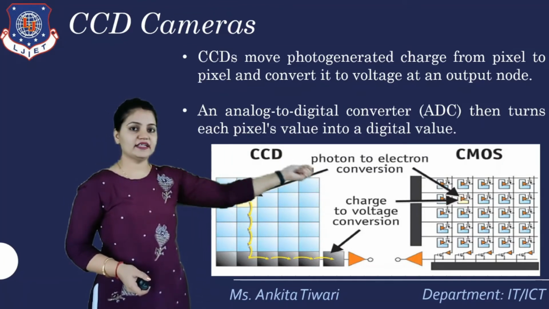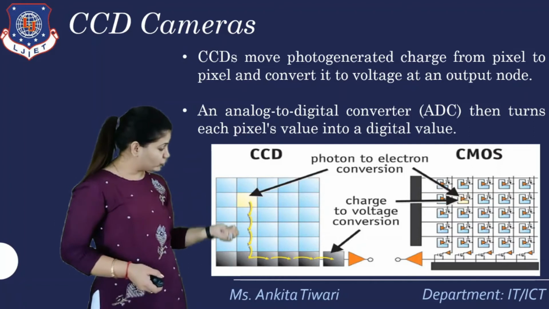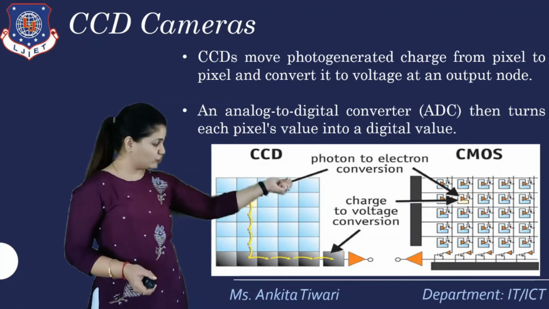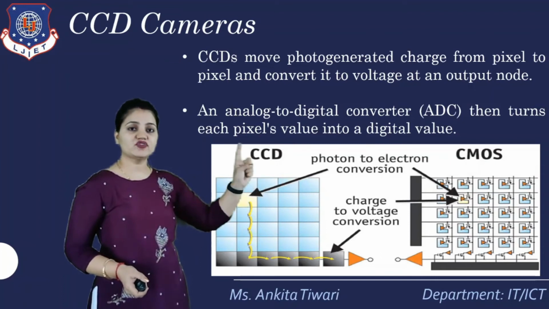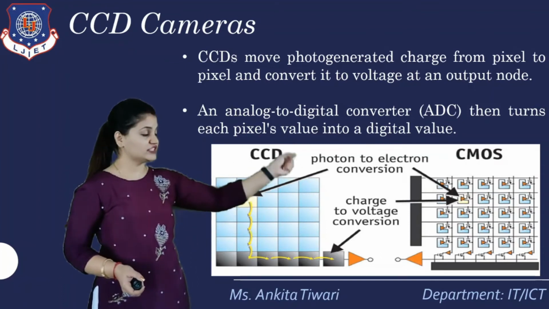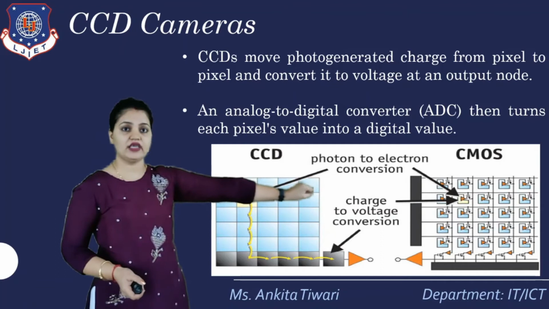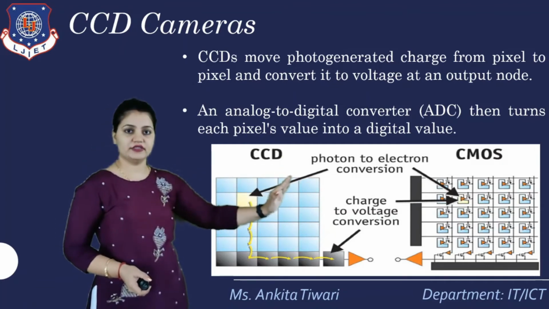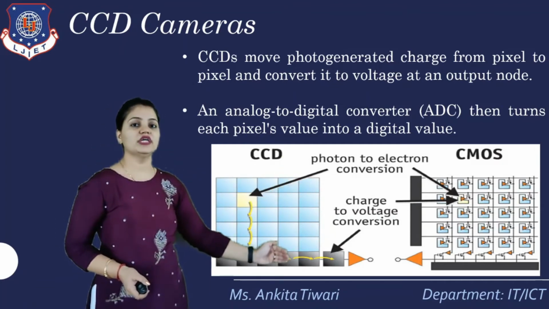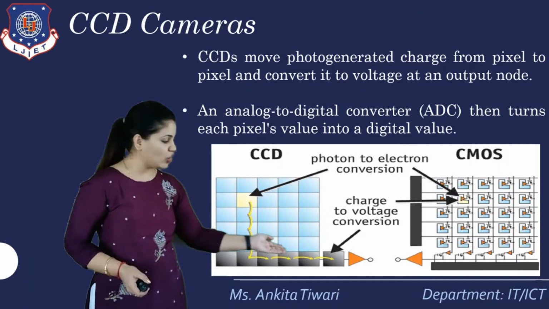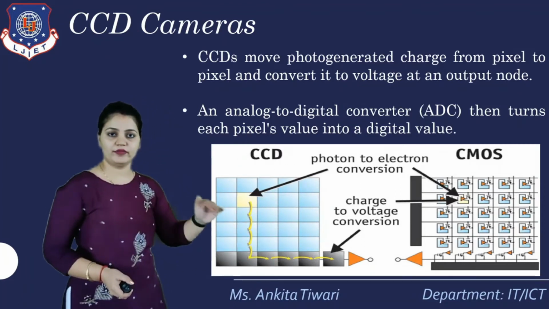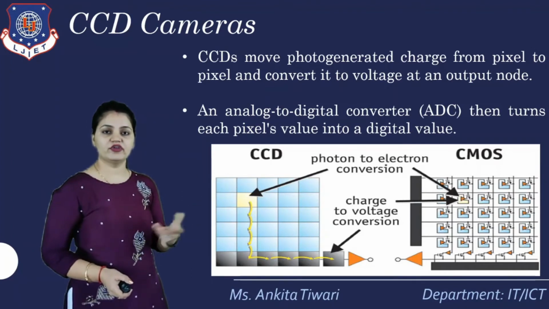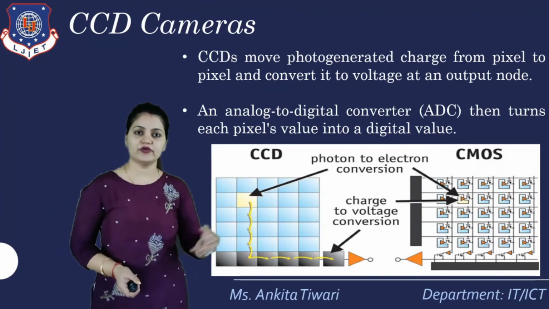So both are represented by this photon to electronic conversion, which is defined by the charge, and then charge to voltage conversion, which is defined at that point. At each and every point it is being done, and that will be given to this current. From there the output is connected, and from that the ADC conversion will be done, that is the A to D converters.